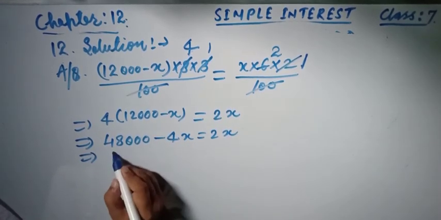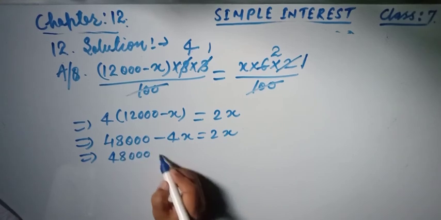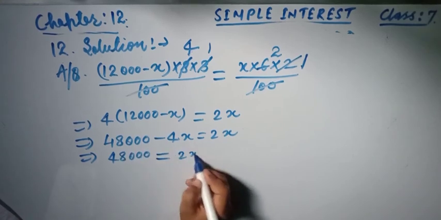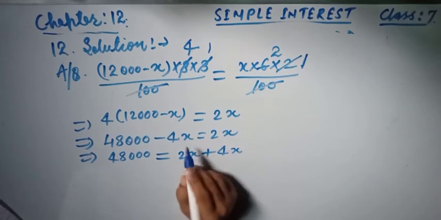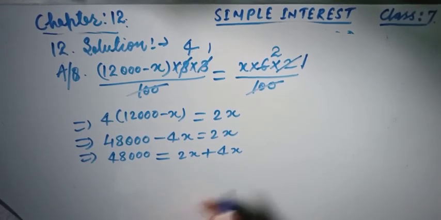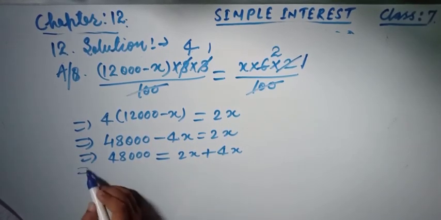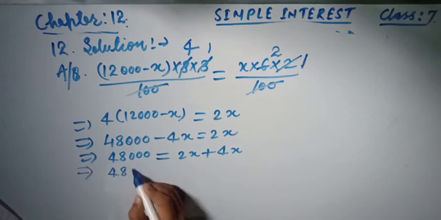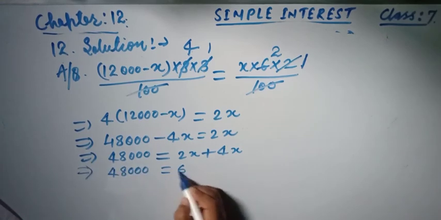Now this is 48,000 is equal to 2X plus 4X, because minus 4X will go to the right hand side with the opposite sign. So this is 48,000 is equal to 6X.